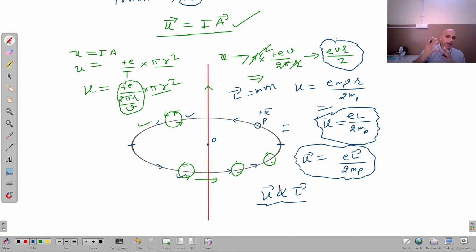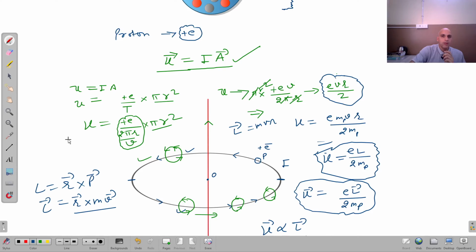Whatever the direction of L depends upon the direction of the movement of the proton, right? Because L is equal to r cross p, so it depends upon the value of L.